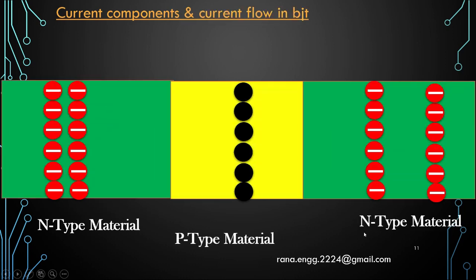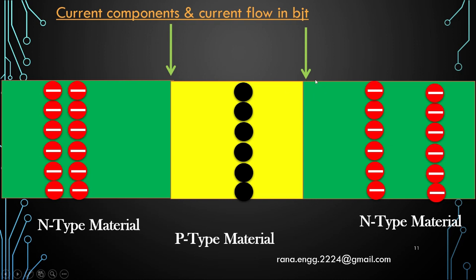So these currents in any transistor happen because of electrons and holes. In an NPN transistor we have the sandwich, two N types sandwiched with one P type. In the P type we have holes shown as black, and these reds are the electrons. So we get two junctions. If this is the emitter and this is the base, this junction is called JE, the emitter junction.